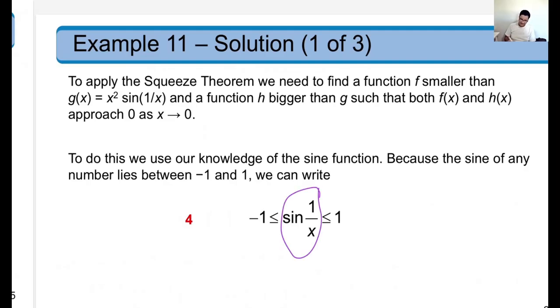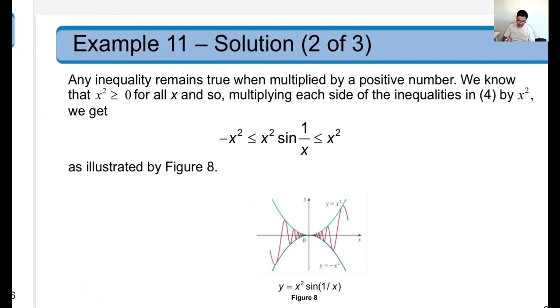Sine 1 over x, we know, is between negative 1 and 1. Whatever x you take, as long as it is defined, the values of sine will be between negative 1 and 1. Now, remember the laws of inequality. If you multiply it by any non-negative quantity, and x square is a non-negative quantity, it does not change the direction of the inequality, so we do this.